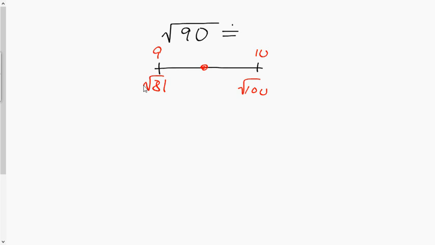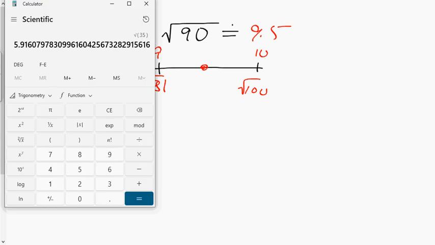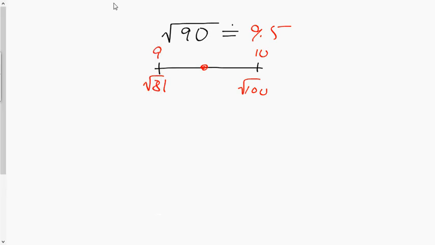It's just a little bit closer to 81 than it is to 100, right? But I'm going to guess 9.5, roughly. 9.4 is a good guess as well. But if I put this in and square root it, it's going to be 9.48, yes, 9.48, which rounds up to be 9.5 roughly.